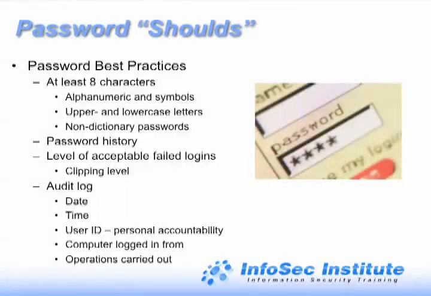Okay, again, best practices. Clipping is definitely a very important one to know about. That's basically the 3 strikes you're out rule, or whatever number of strikes you want to set. And then auditing. Whenever you have any sort of accountability, you always want to be auditing. For example, if somebody logs in with username and password, you want not only the time and date, but also what system they logged in from.